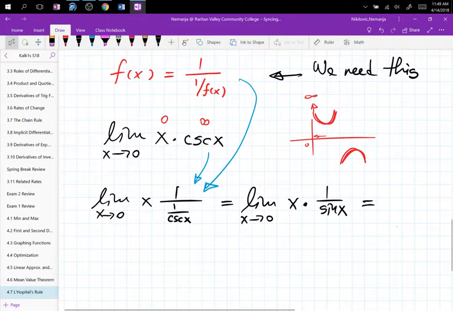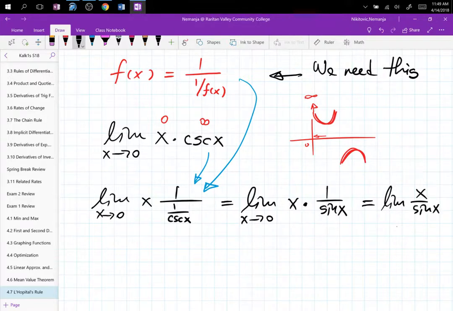So what do I have? Well, what I have is the limit of x over sine x. Now we already know what this is. What is it? 1. But the most important part here is that we actually got to the place where you have 0 over 0.